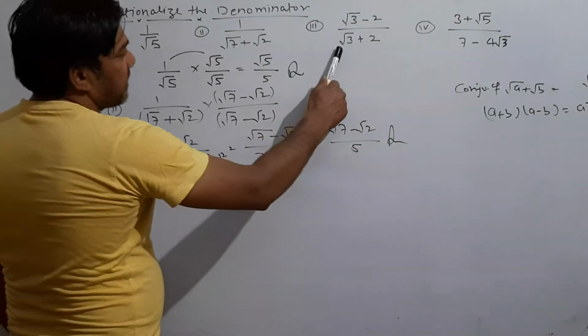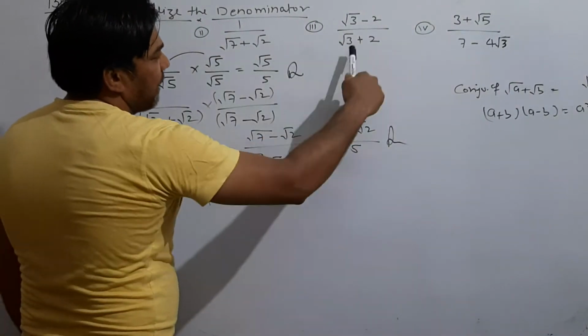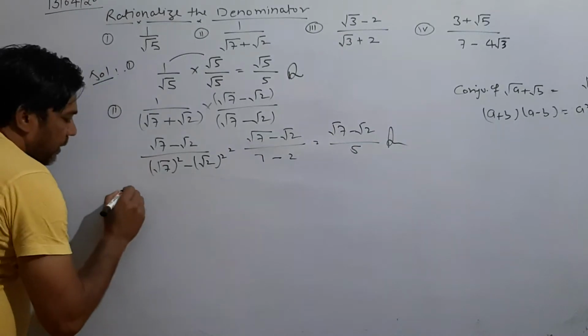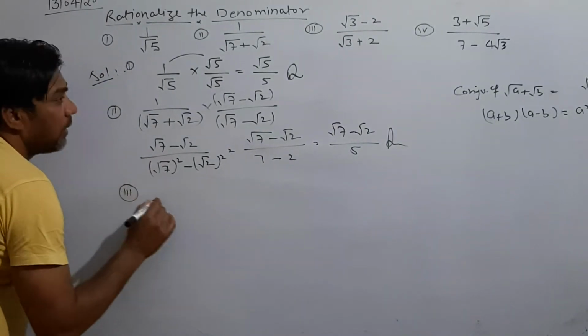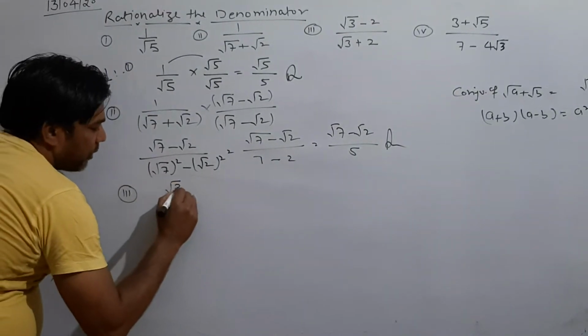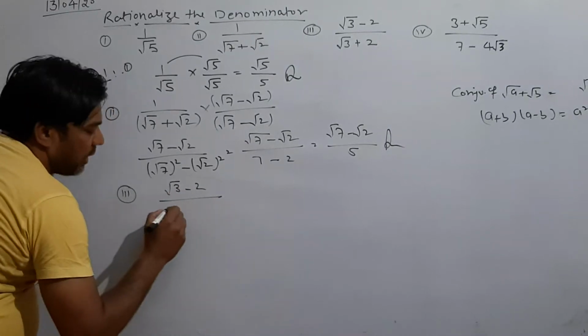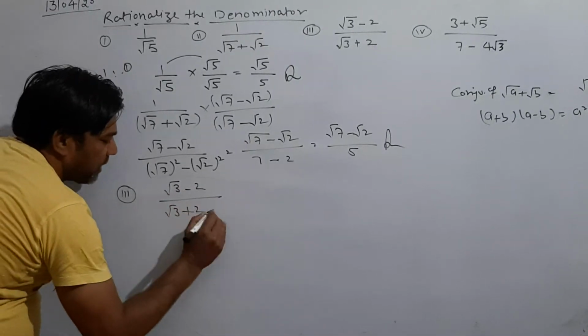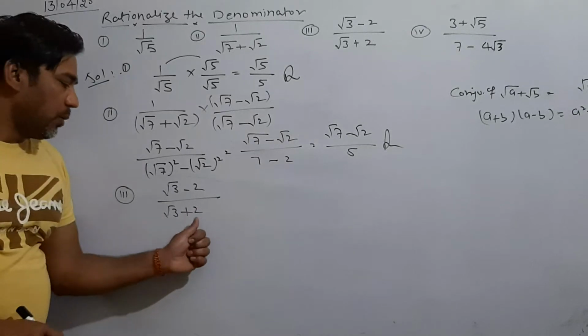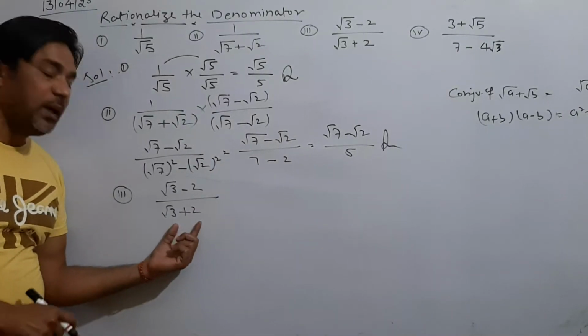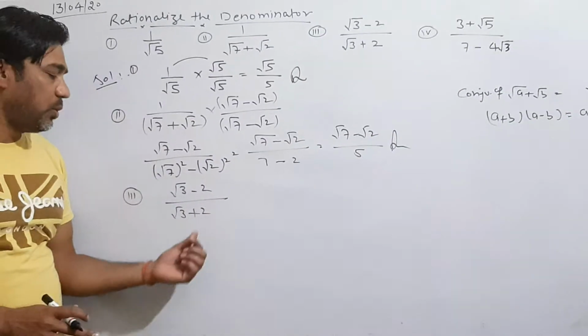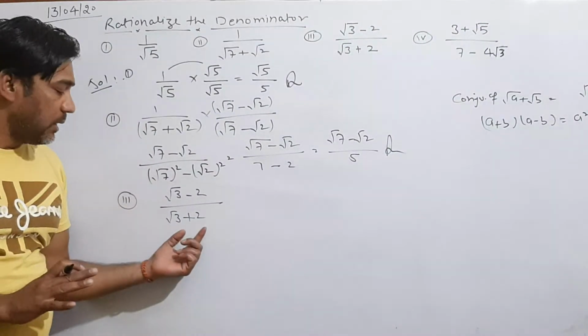Now this is the third type of question. Now in this, the question is under root 3 minus under root 2 upon under root 3 plus under root 2. If you solve it this way, yes, no issue, your answer would be correct.